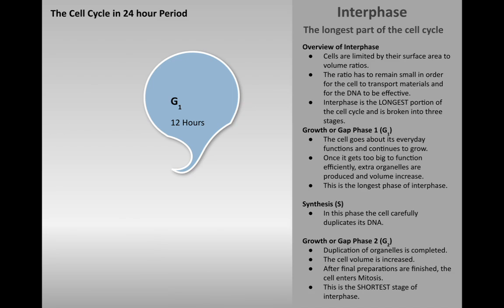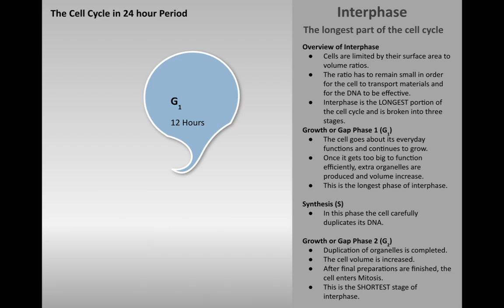Because cells are limited by their surface area to volume ratios, the ratio, remember, has to remain small in order for the cell to transport materials and for the DNA to be effective. Interphase then becomes the longest portion of the cell cycle. And again, it's broken into those three subphases.